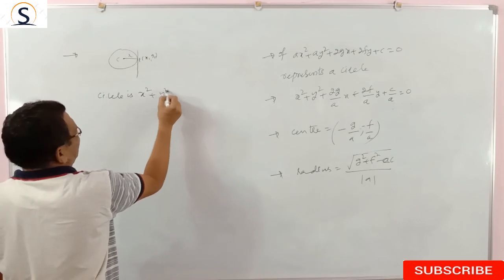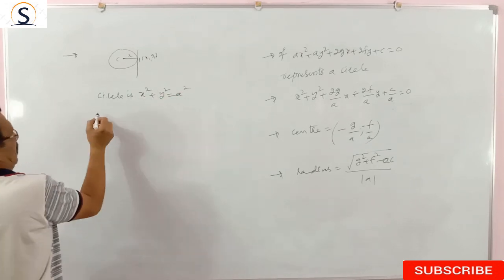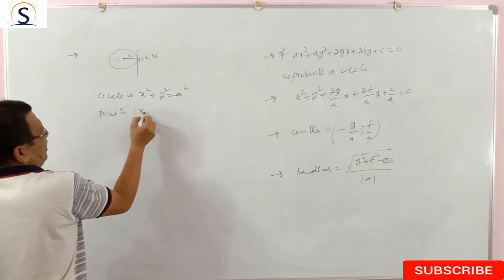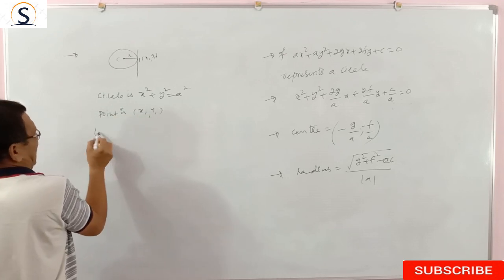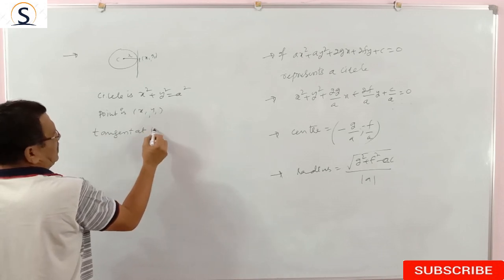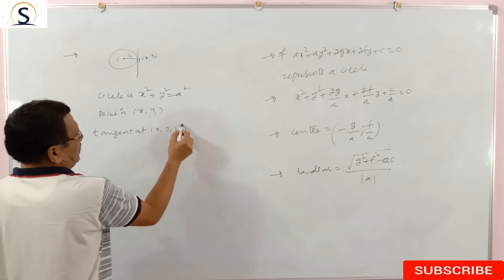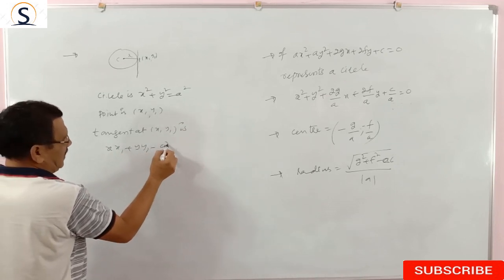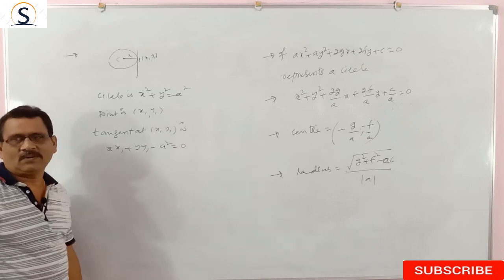Okay. Now, if this point is x1, y1, then the circle is x square plus y square is equal to a square. The point is x1, y1. So, the tangent at x1, y1 is x x1 plus y y1 minus a square is equal to 0.